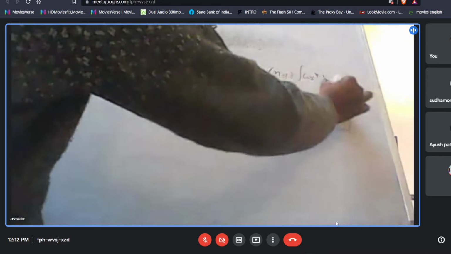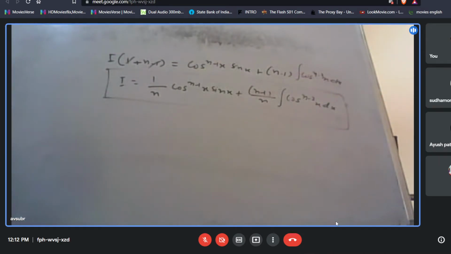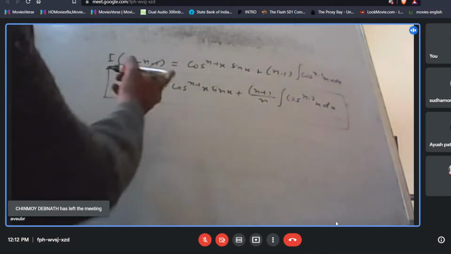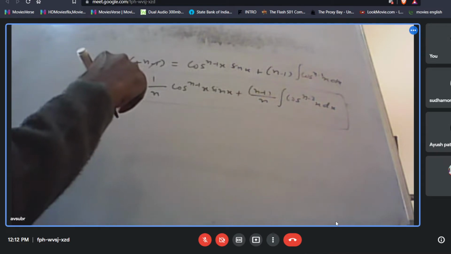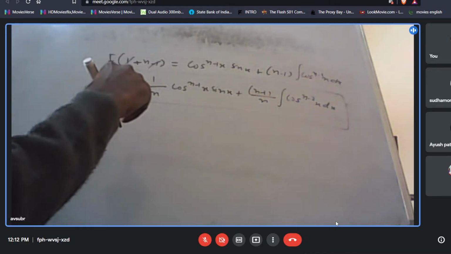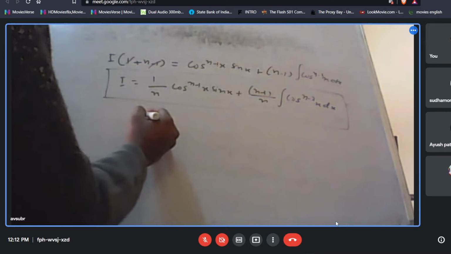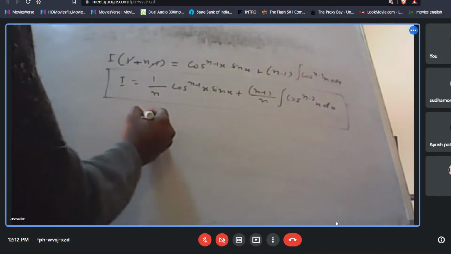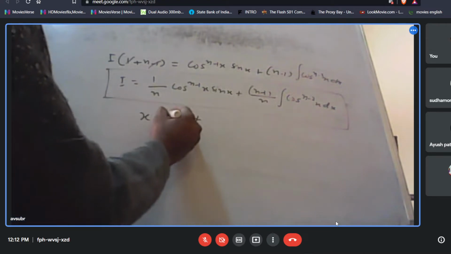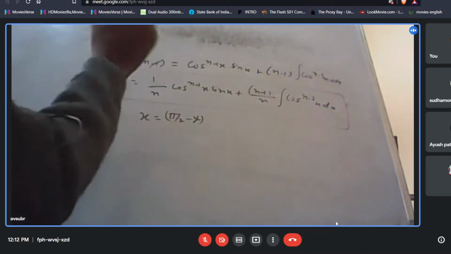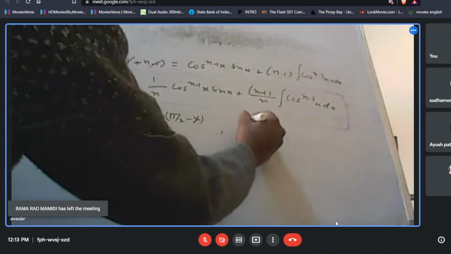So this is for the cos to the power n x. You can also obtain the same formula by putting x equal to pi by 2 minus y in this formula.